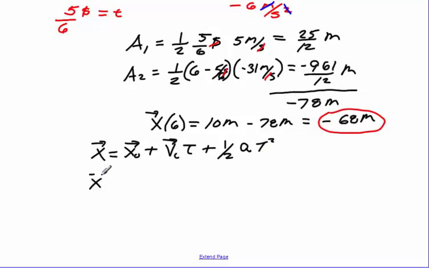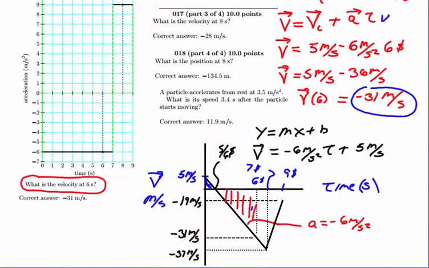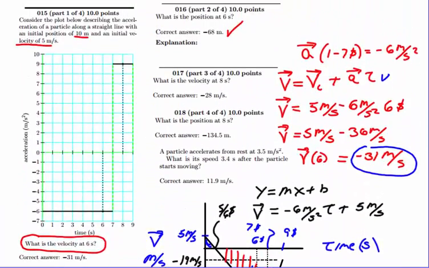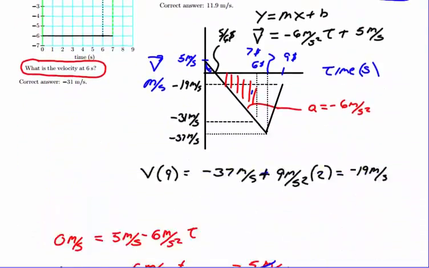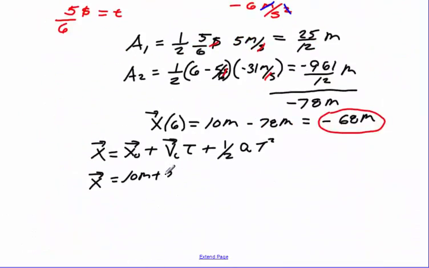I'll run this using the kinematic equation. My initial position we said was 10 meters plus my initial velocity we said was 5 meters a second times my t.